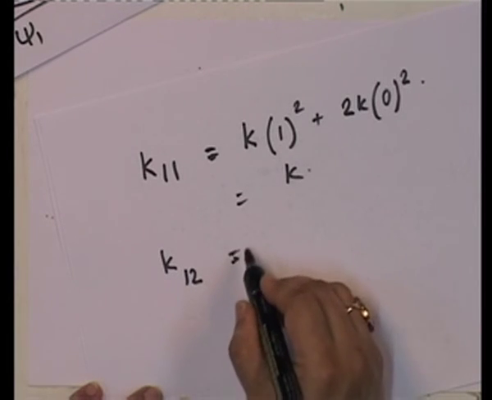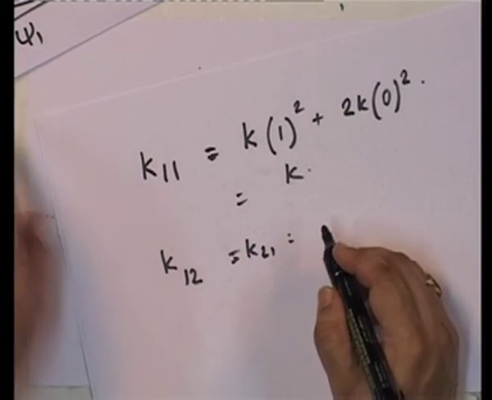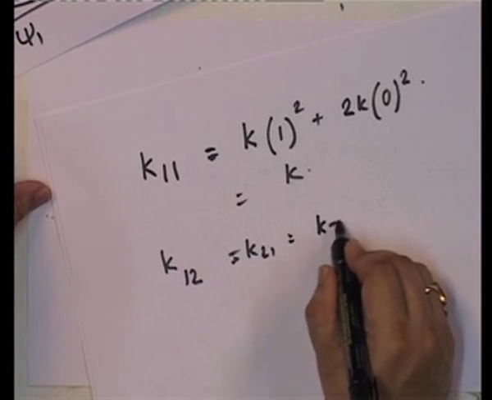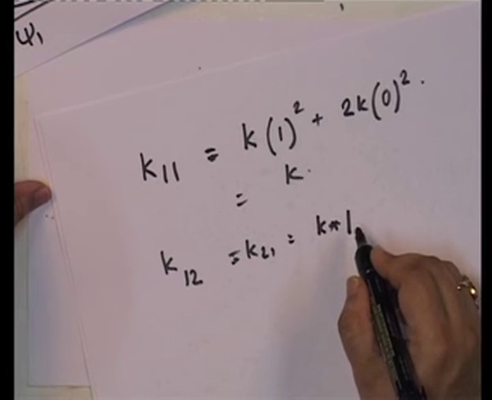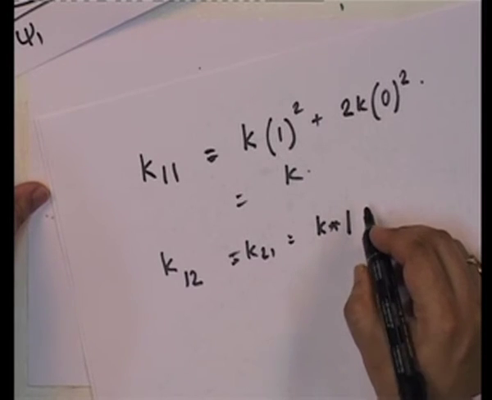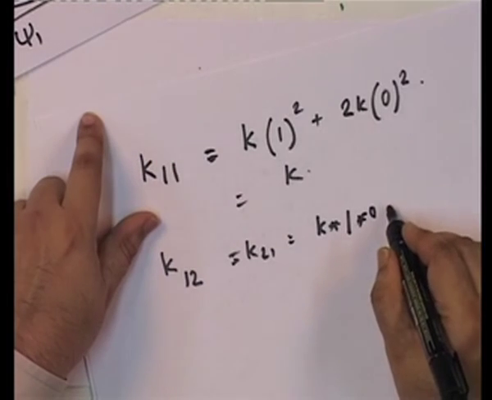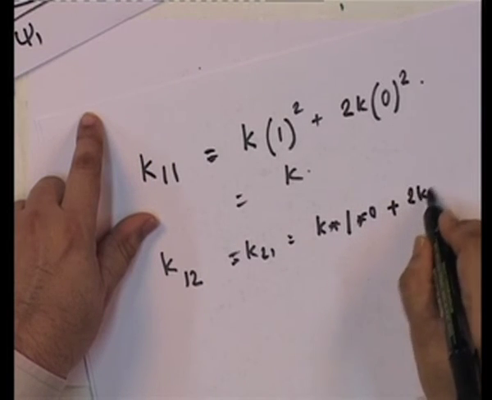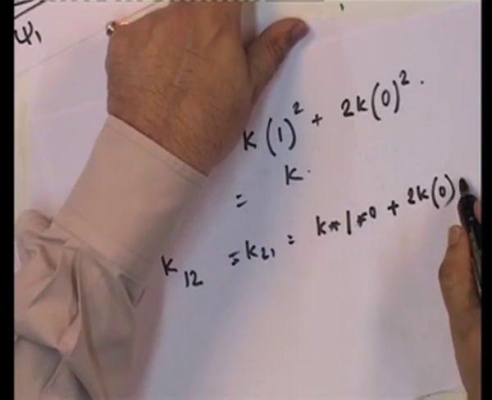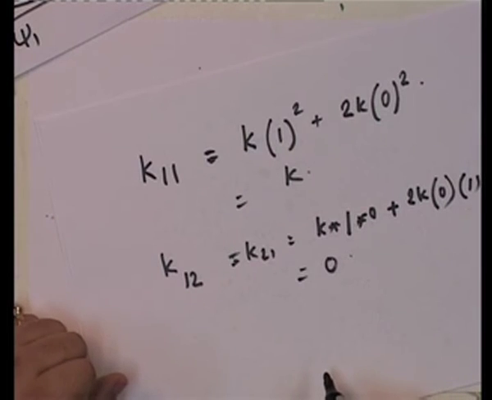k12, which is equal to k21, is the real one. So, this is going to be k into 1 into 0, plus 2k into 0 into 1. So, what is k12? 0.